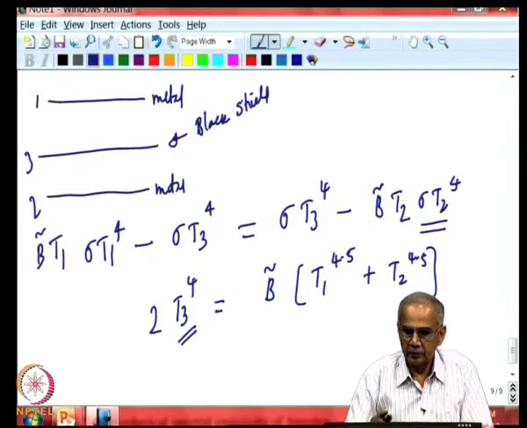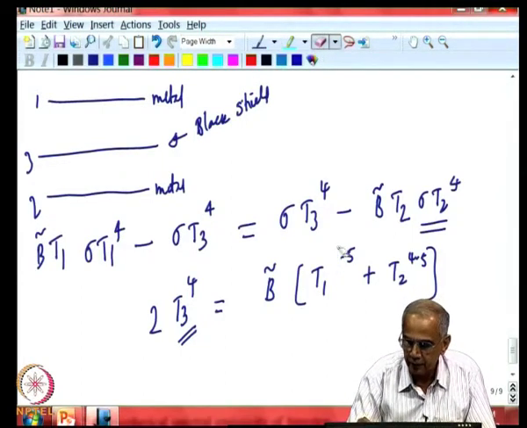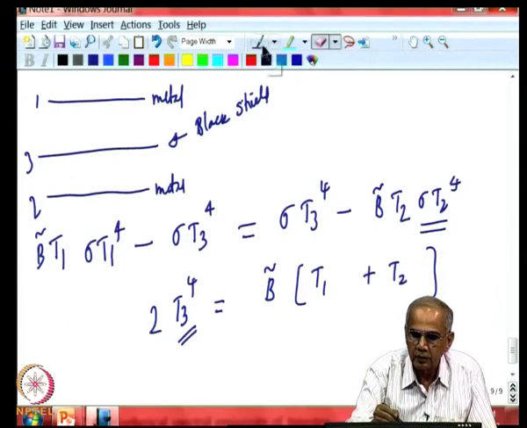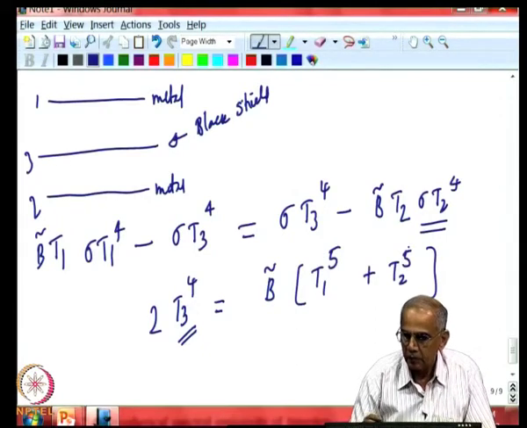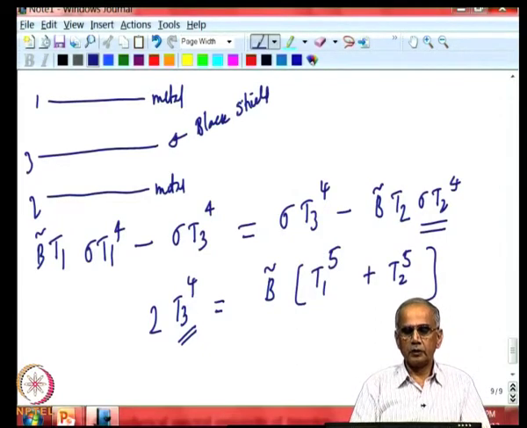I am sorry, this is T 1 to the power of 5 here, while the emission from the two metal plates top and bottom will be as T 1 to the power of 5.